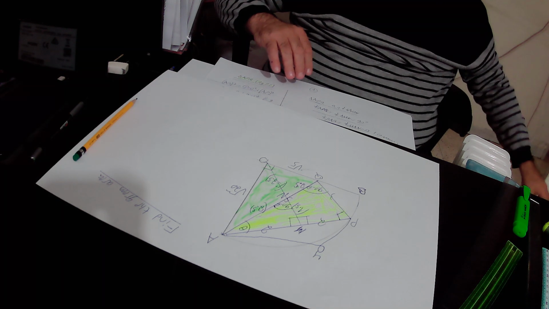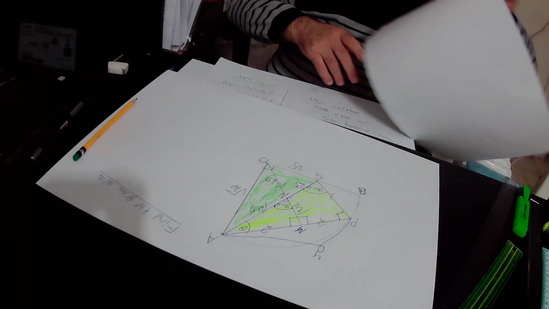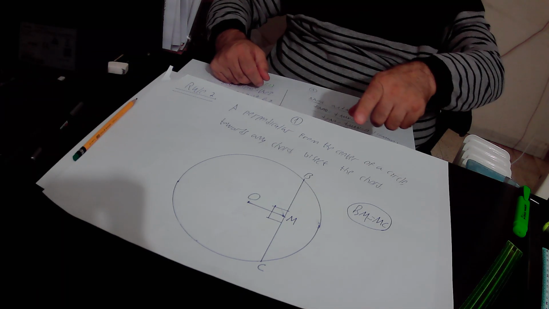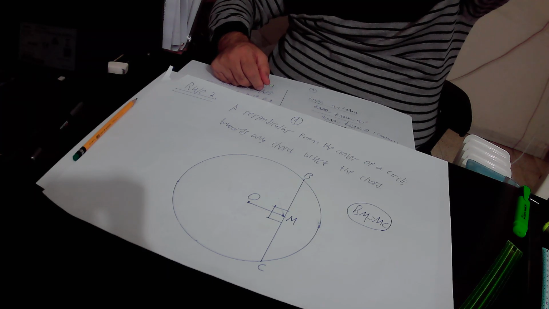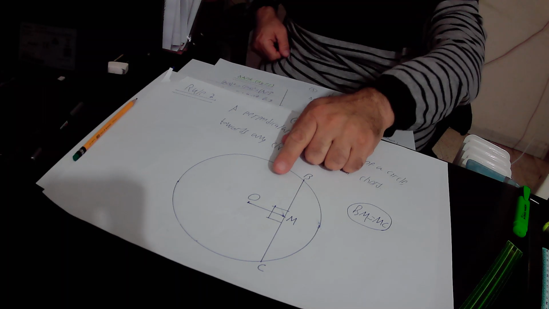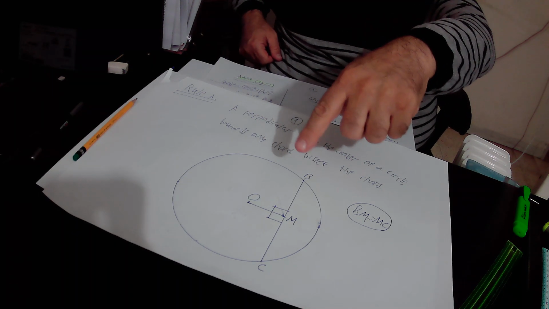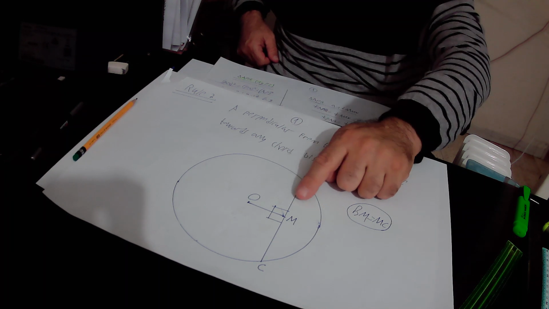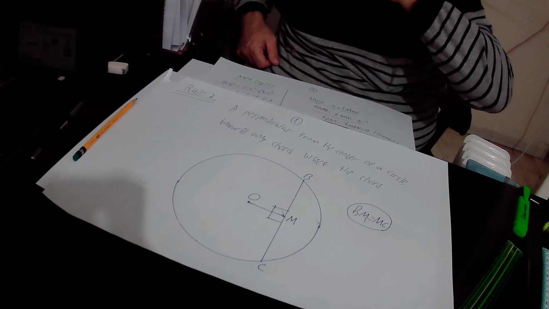Then we implemented rule number 2. According to rule number 2, the perpendicular from the center of a circle towards any chord bisects the chord. The center of the circle is here at point O. So if we draw a perpendicular from the center of the circle, from point O, on chord BC, this angle equals 90 degrees according to our construction.